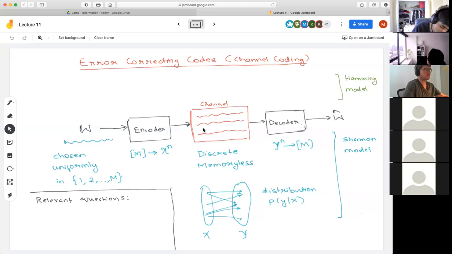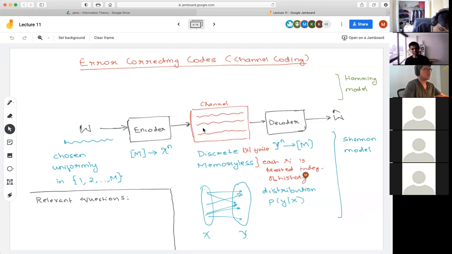And memoryless is that each x_i is treated independently of history.